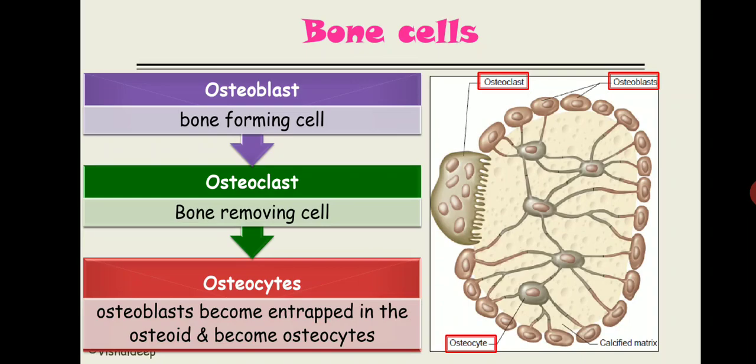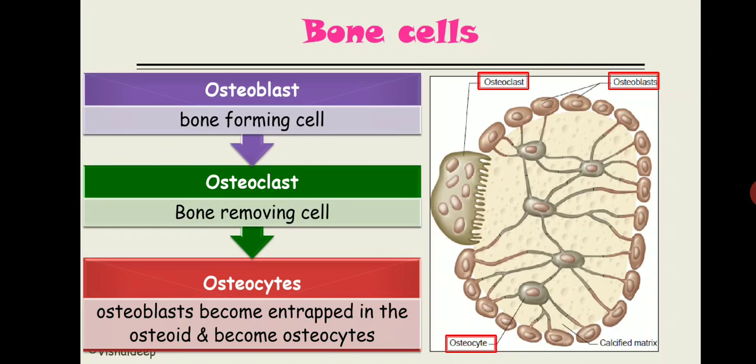Now don't get confused about what the osteoid is and how they become entrapped and become osteocytes. We are going to discuss that in a subsequent slide. Right now, just remember the definitions: osteoblast is bone forming, osteoclast is bone removing, and osteocyte is basically an osteoblast that became entrapped in the osteoid.